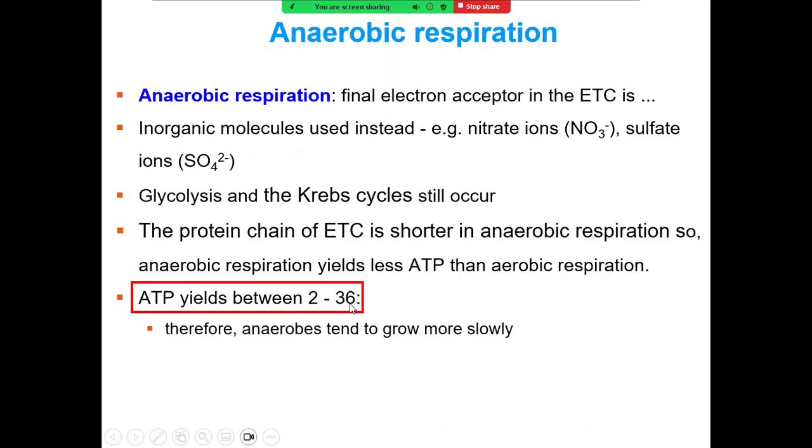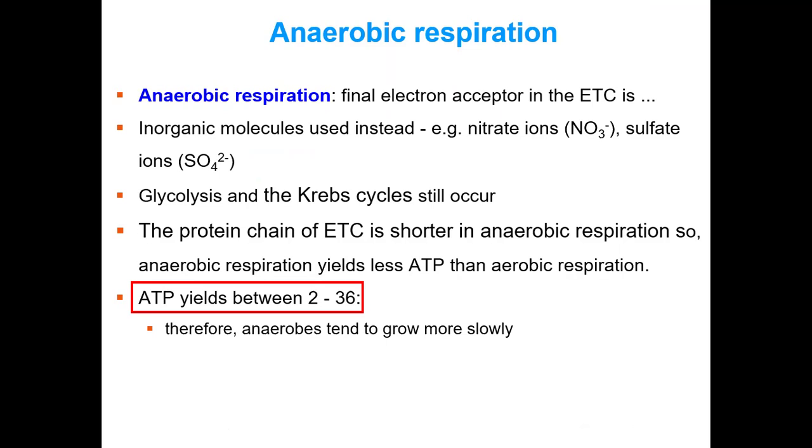All right, let's briefly talk about anaerobic respiration. Anaerobic respiration is a form of respiration where the final electron acceptor is not oxygen. It is a molecule other than oxygen, which is accepting the electrons that ultimately came from glucose.